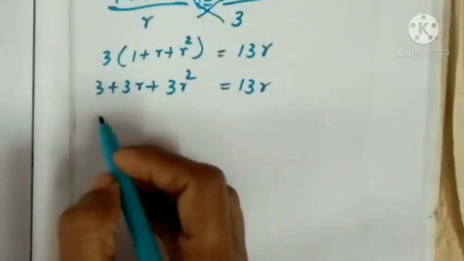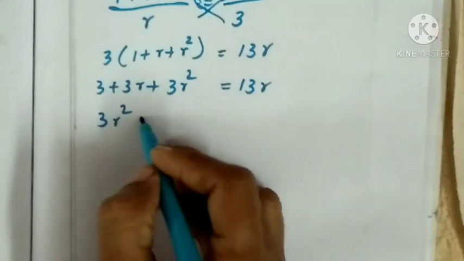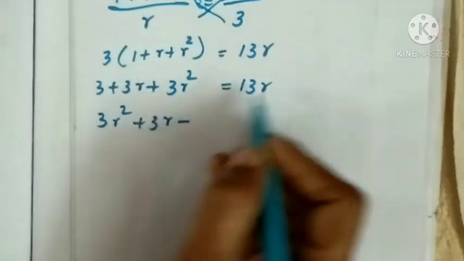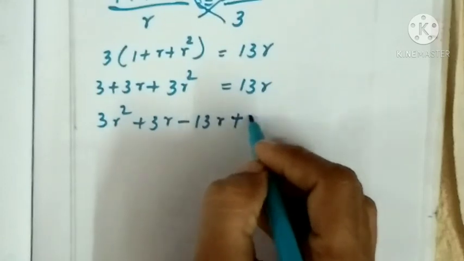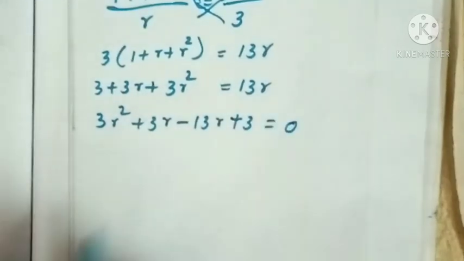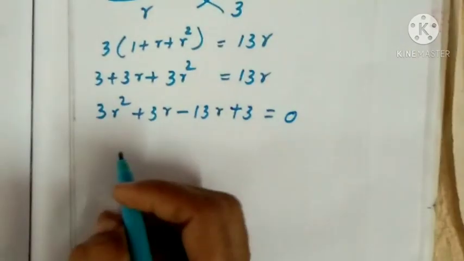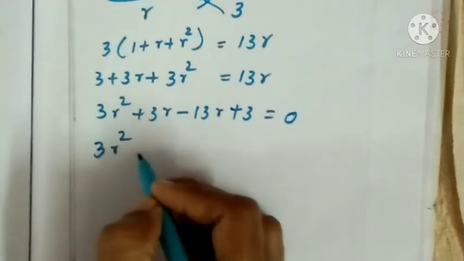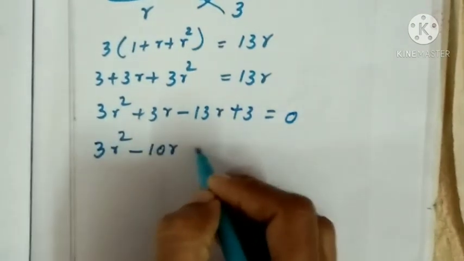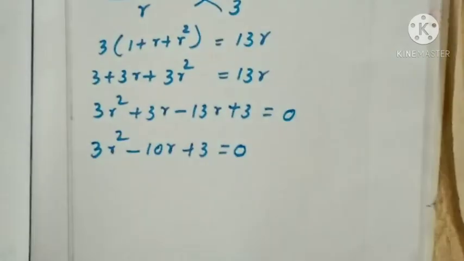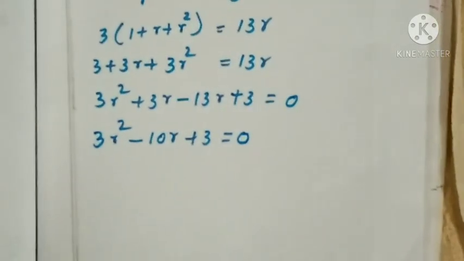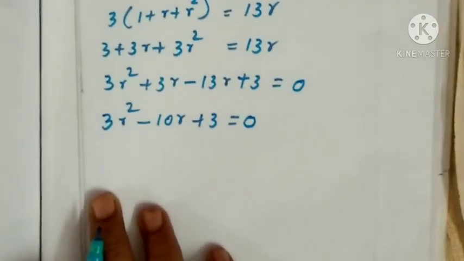It can be written as 3r squared minus 13r plus 3 is equal to 0. That is 3r squared minus 10r plus 3 is equal to 0. Now we have a quadratic equation.